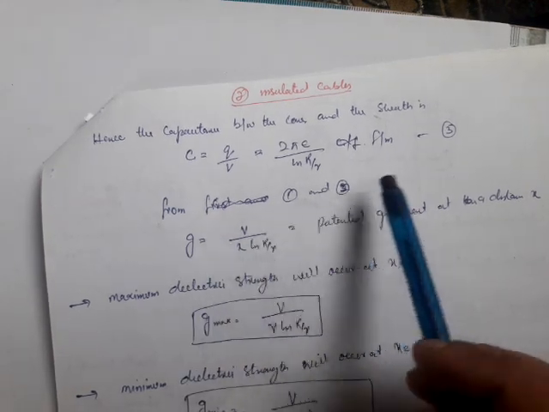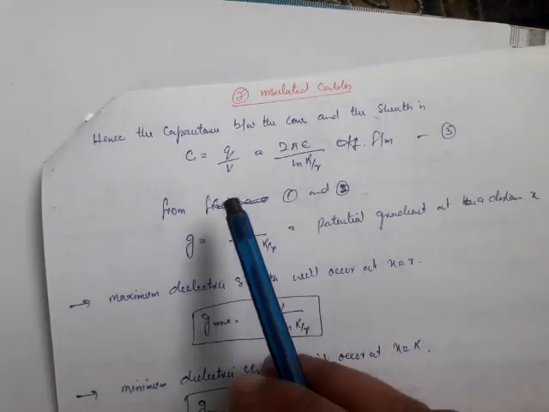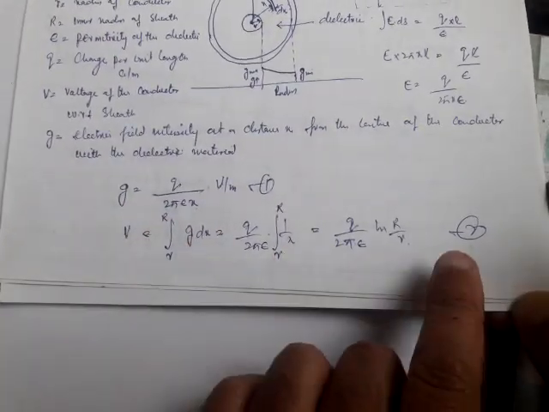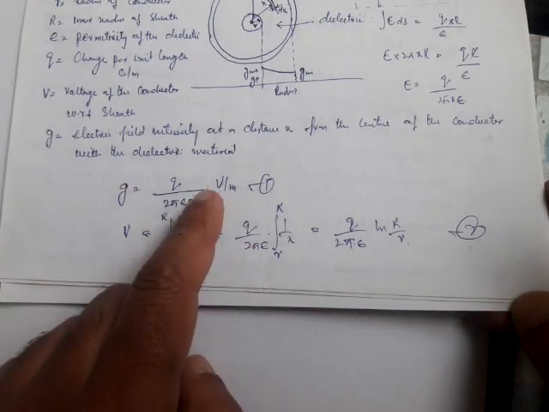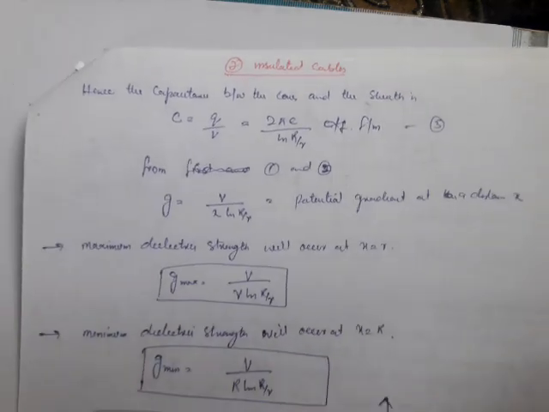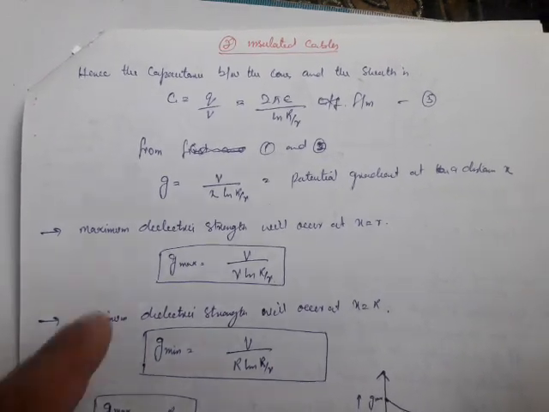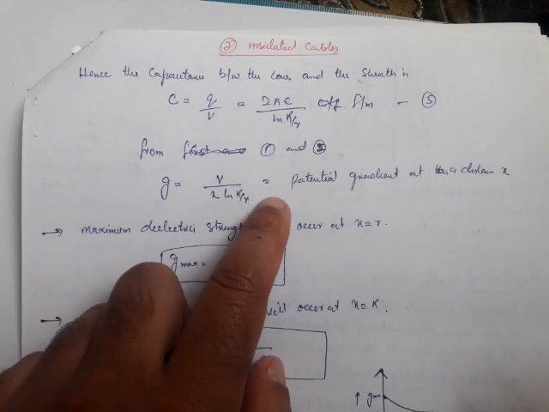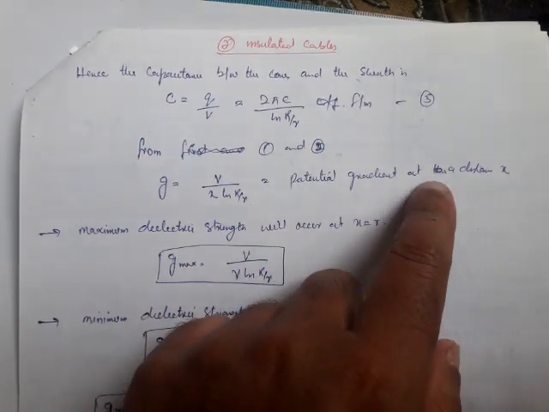Now from equation 1 and 2, this is equation 1 and this is equation 2. G is equal to this value and V is equal to this value. So we will get G is equal to V divided by x ln of R by r, that is the potential gradient at a distance x.